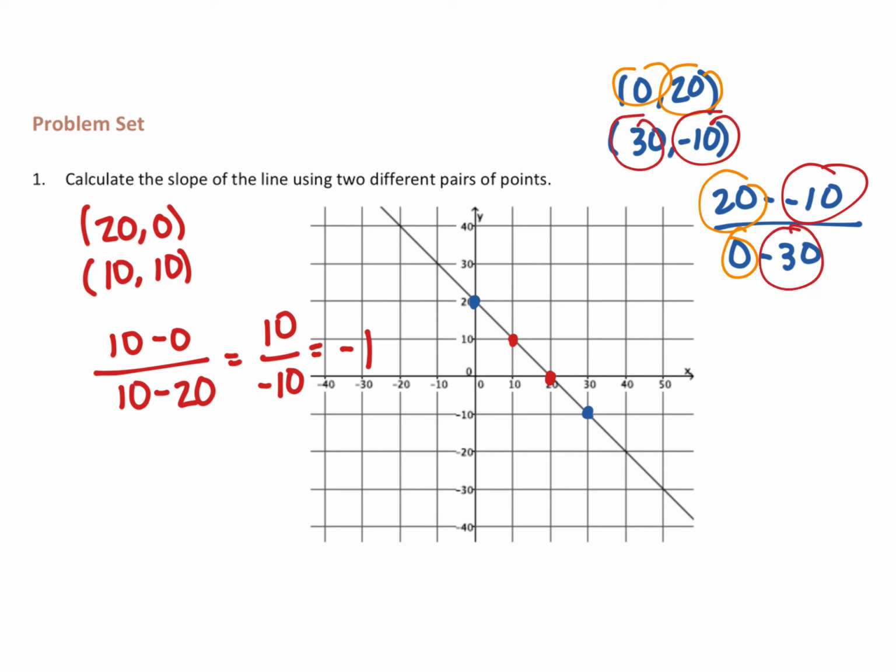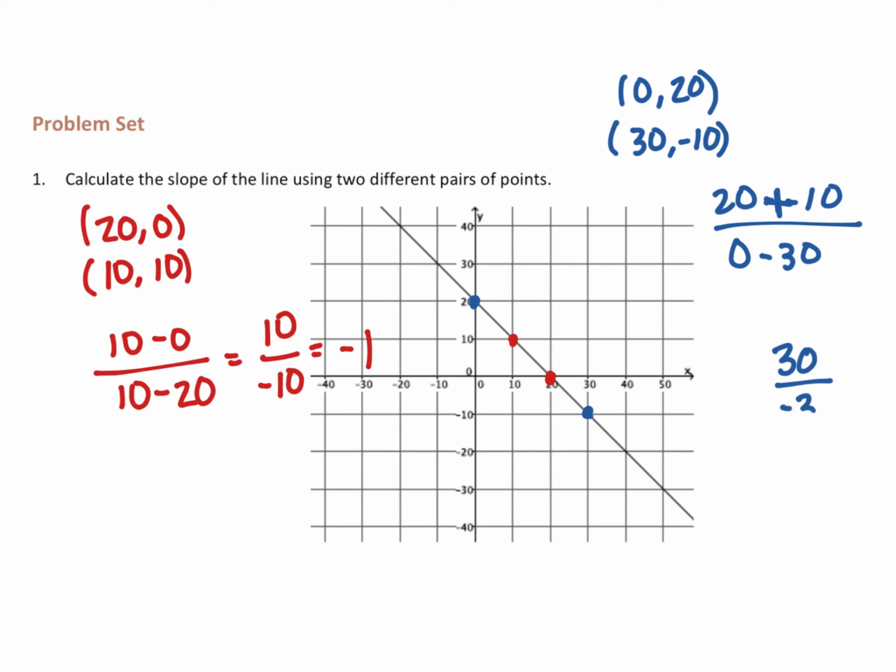So it has to remain consistent. And subtracting a negative is the same thing as addition. So the numerator is going to be 30, and the bottom, 0 minus 30, is a negative 30, which also reduces to negative 1. So this is how you would show using 2 different pairs of points.